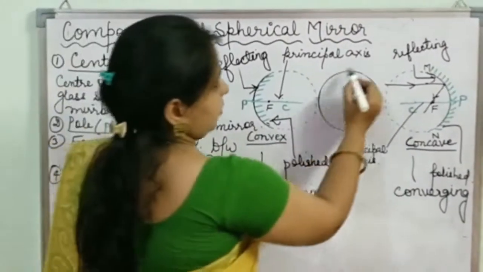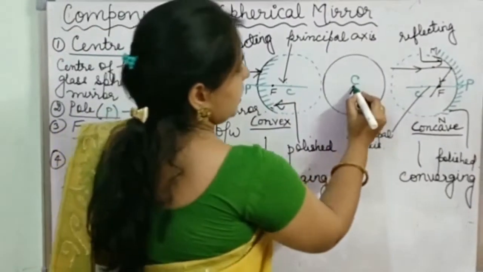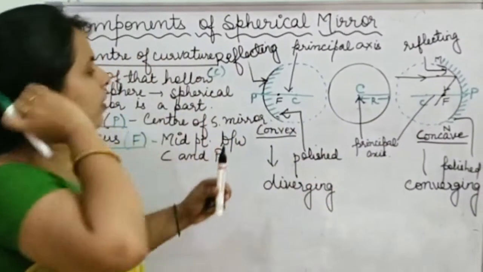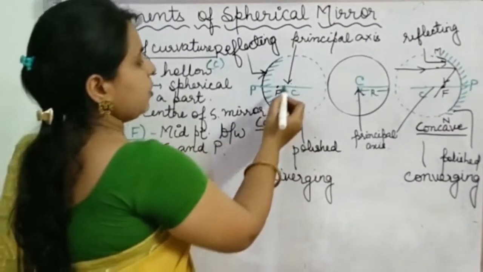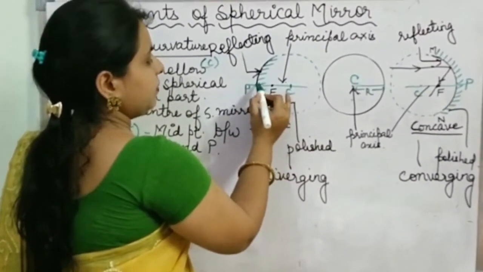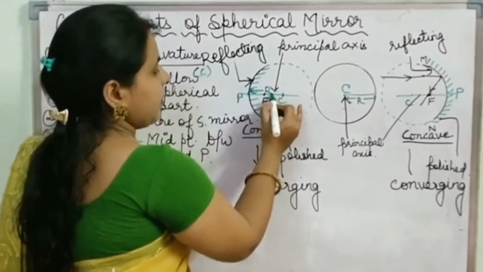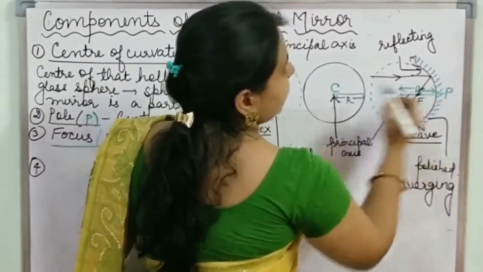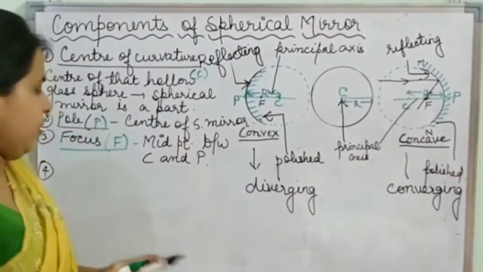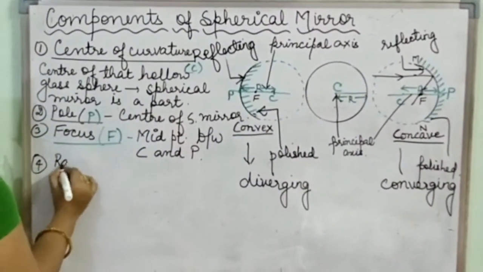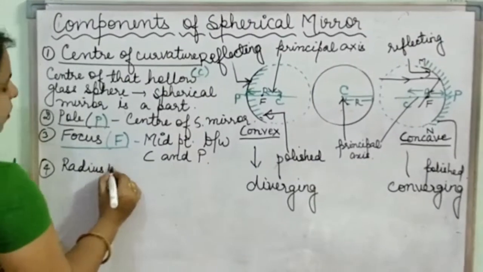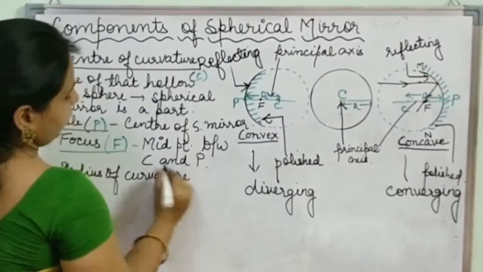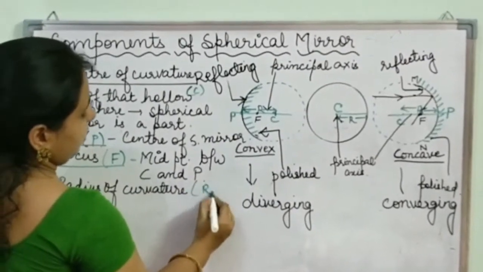Beta, when you talk about a circle, you say this is the radius of the circle. Similarly, for a sphere, the distance between C and P is represented by capital R, and this component is called the radius of curvature. So the fourth component is the radius of curvature, represented by capital R.